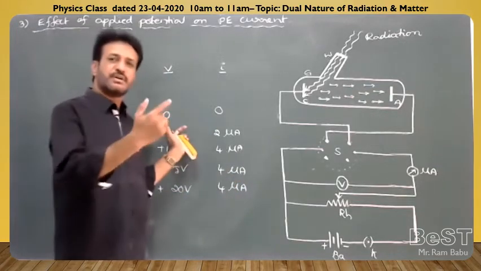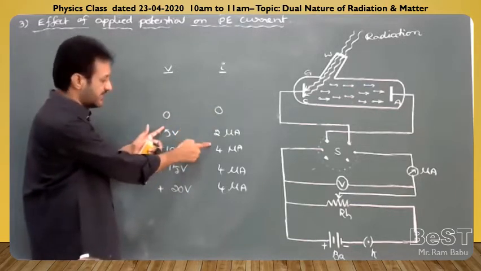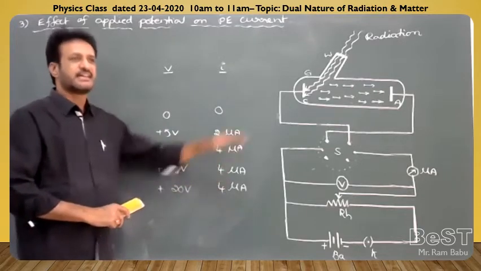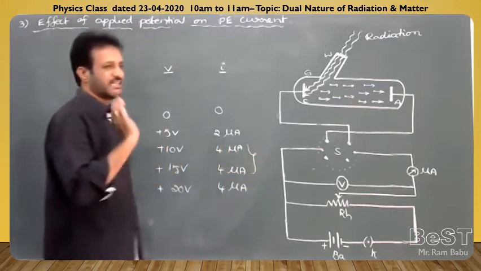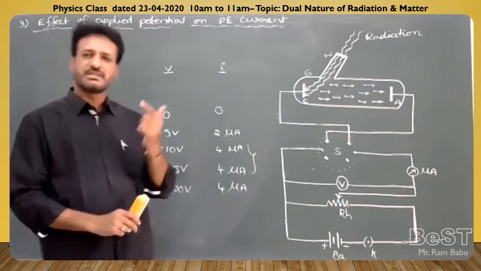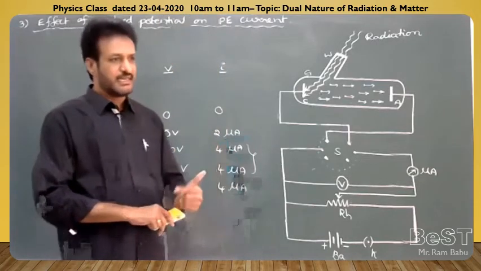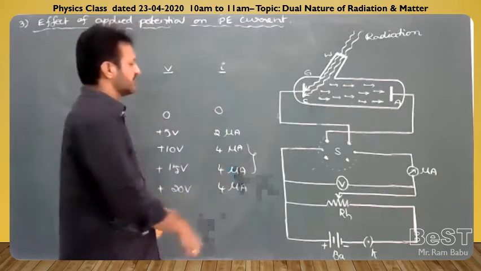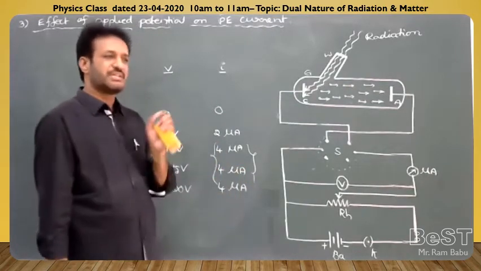As the applied voltage increases, the photocurrent also increases at the beginning, and at a certain level it reaches saturation, a constant value. So this current can be called saturation current. As the positive potential of the anode gradually increases, the photocurrent also increases and becomes a maximum at a certain positive potential. This maximum value of the photoelectric current is called saturation current.